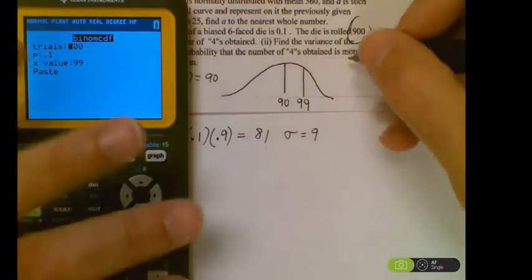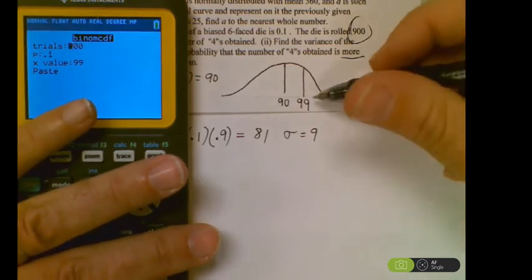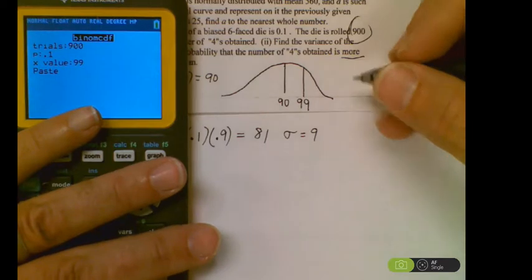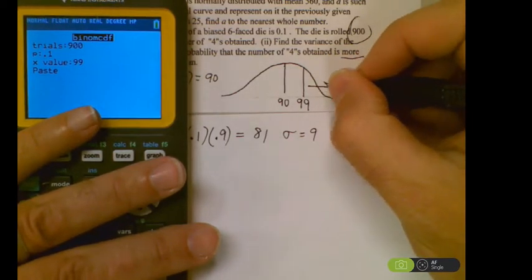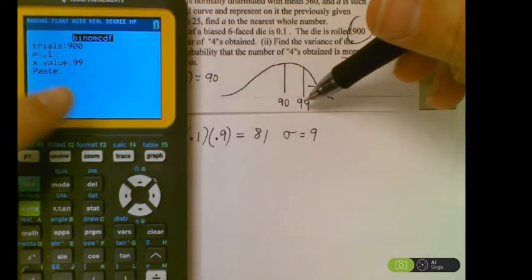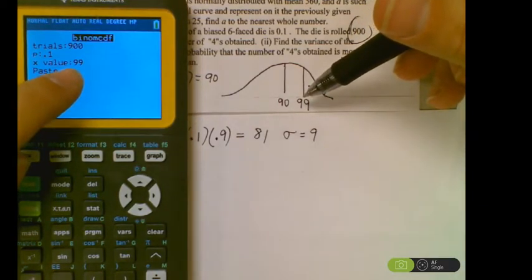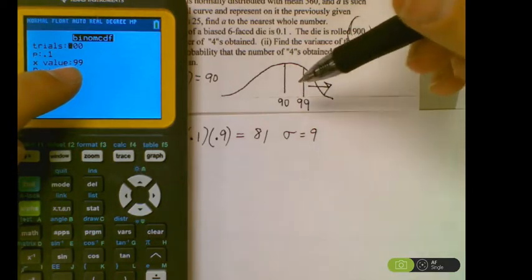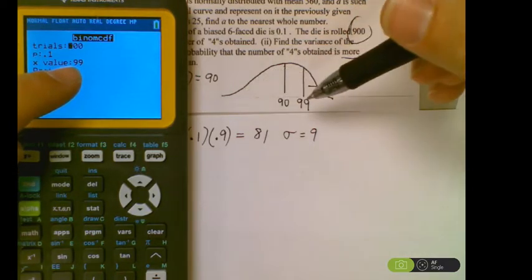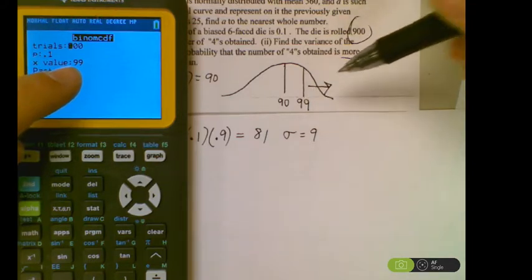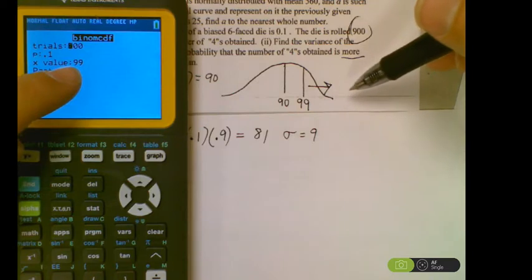Technically, we're looking at more than 99. So if I want more than 99, that means I want from here on. In the calculator, the number I put in is from 0 to that number. So the calculator would give me everything from 0 to 99. And then if I subtract that answer from 1, it leaves me with everything beyond that.